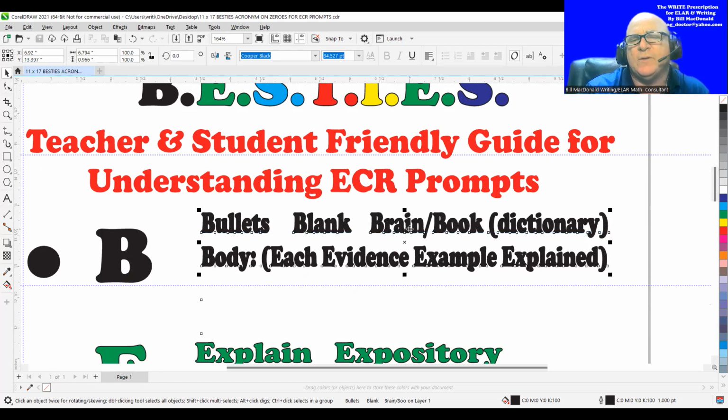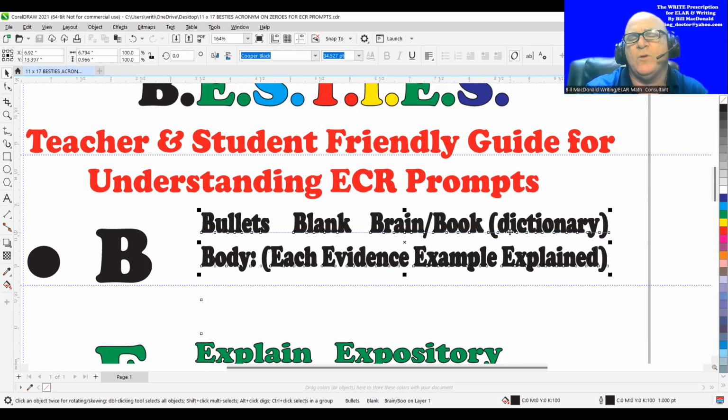that if they don't know what the word determination means inside their brain, B, they're going to have to look inside a book, B, and that book in this case would be a dictionary. So they have to be able to learn how to navigate the dictionary and look up keywords, because the entire prompt, the 10-point possibility of the writing, is based on your students' understanding of that keyword and what it means.